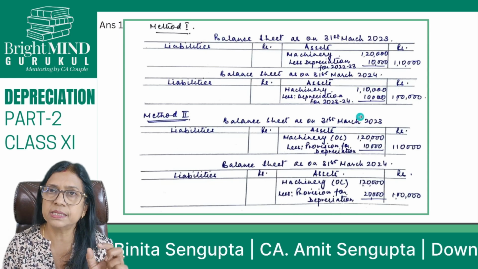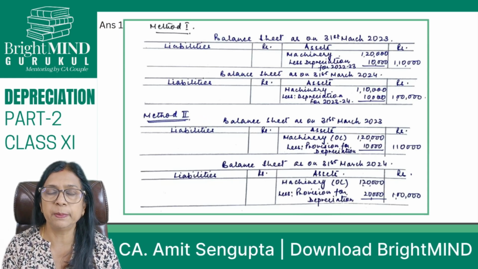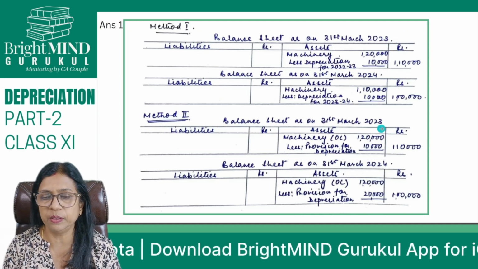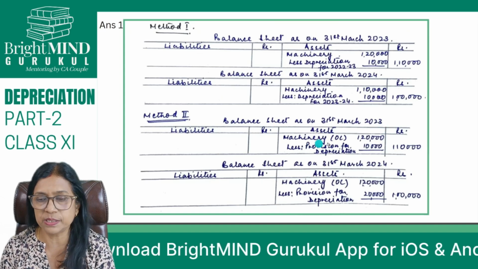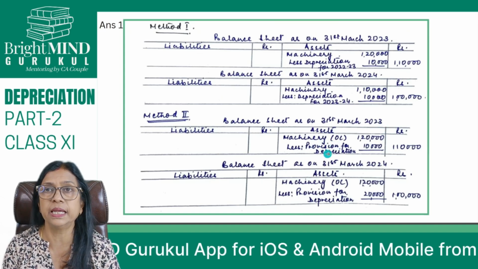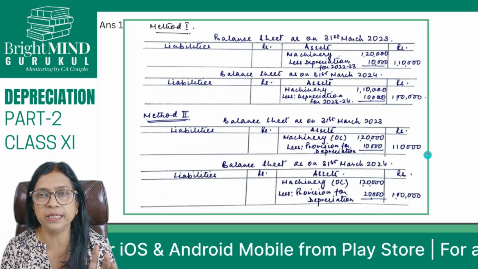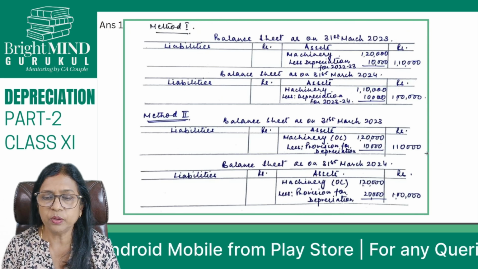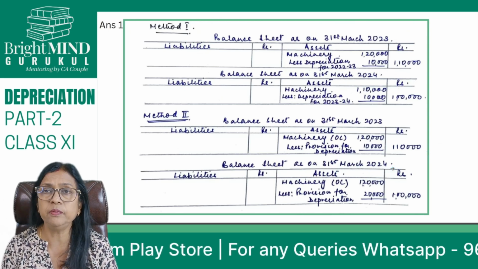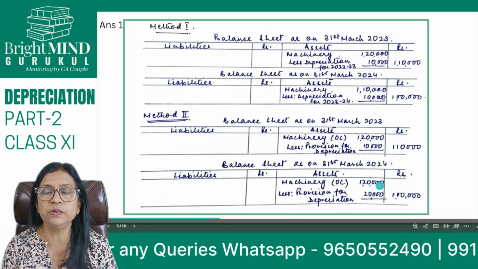Now understanding the same problem with the second method, that is provision for depreciation account. Here the balance sheet as on 31st March 2023 will show machinery at the original cost of 1,20,000 less provision for depreciation account, that is 10,000. So machinery will be shown in the balance sheet at net 1,10,000. Now the balance sheet as on 31st March 2024 shows machinery at original cost, 1,20,000, less provision for depreciation.